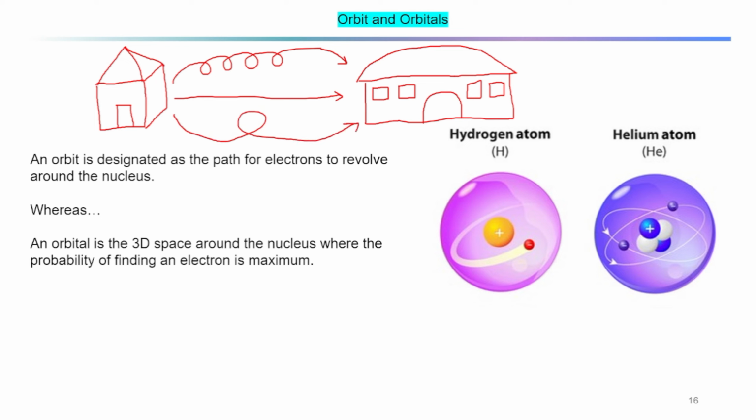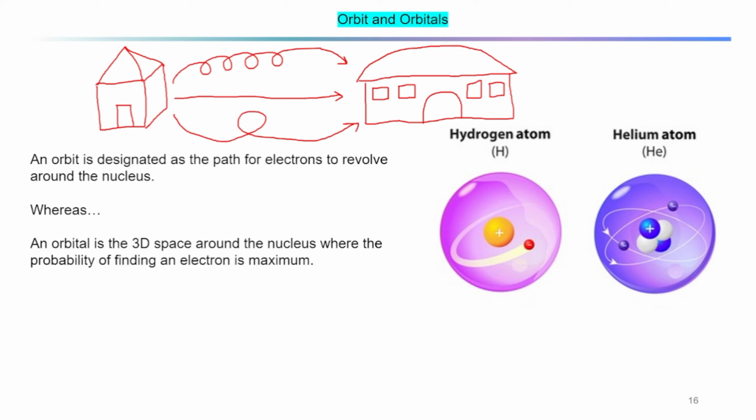So there are different possibilities. From home to the school the distance is the same, but there are still different possibilities. Similarly, electrons also have different possibilities or probabilities. They can occupy different paths or different portions of an orbit.